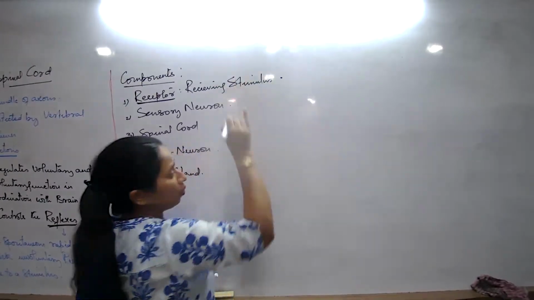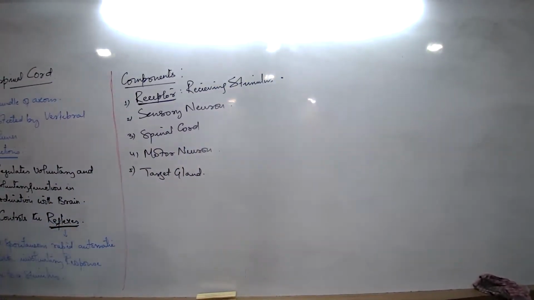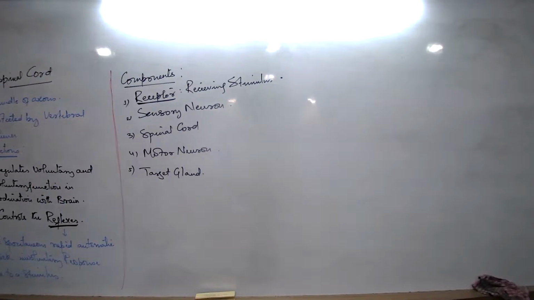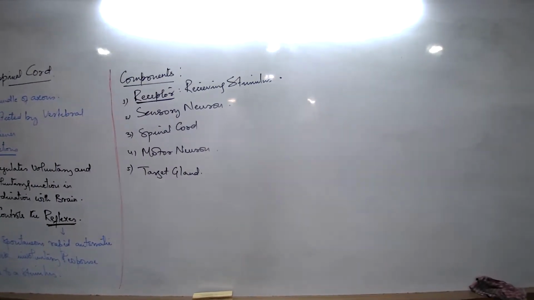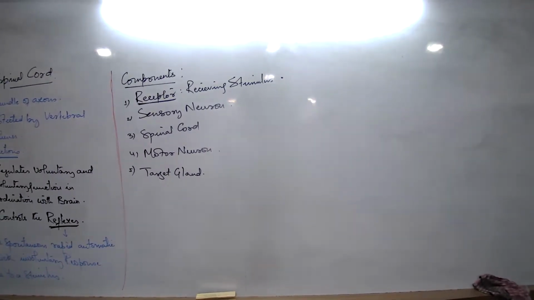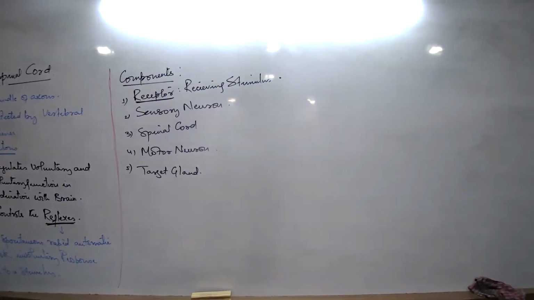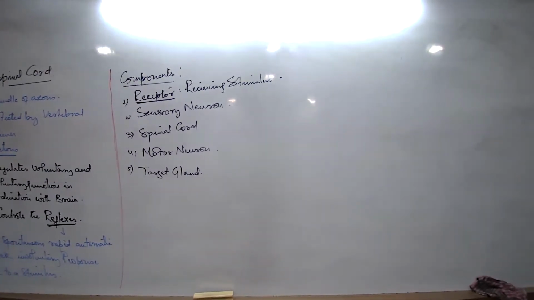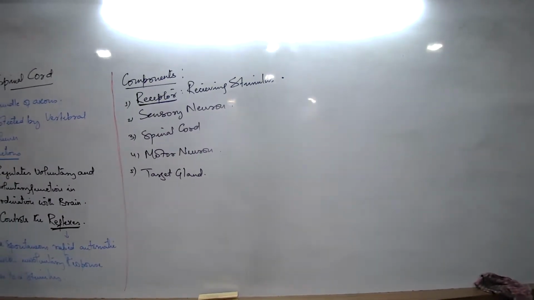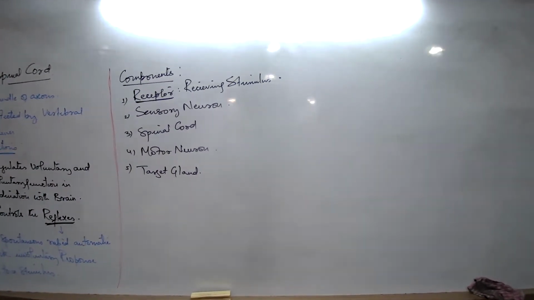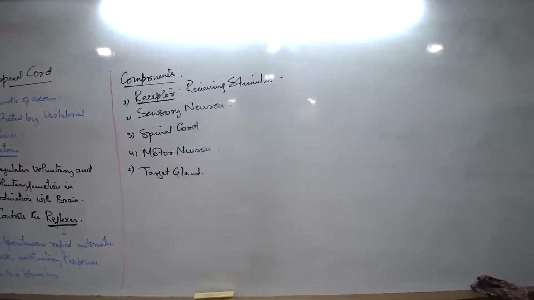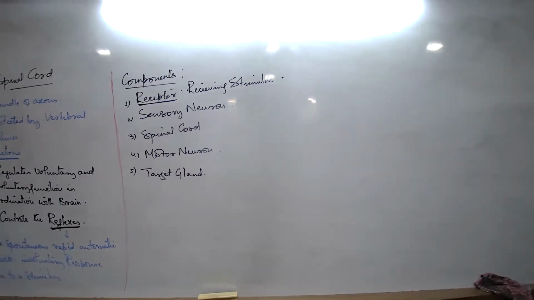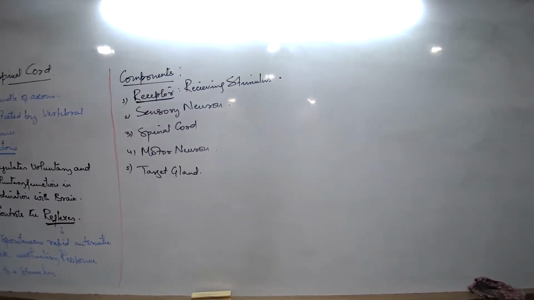How did I define the word stimulus? The other day when we were talking about nerve impulse conduction. What is a stimulus? Stimulus is any agent or factor that would bring about some response from a part of the body. Say you are walking on the street and you hear the horn of the car and you move towards the left. Or suppose you see a car coming towards you, flashing light, and you move towards the right.